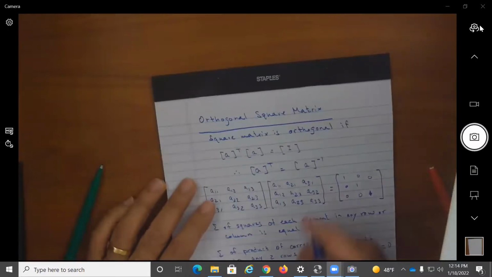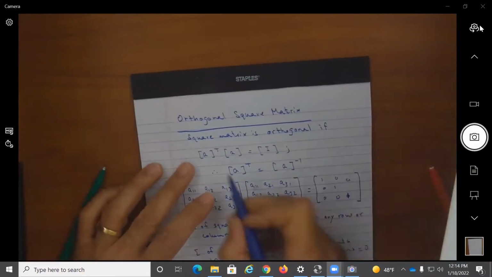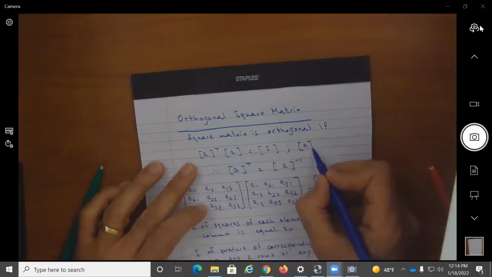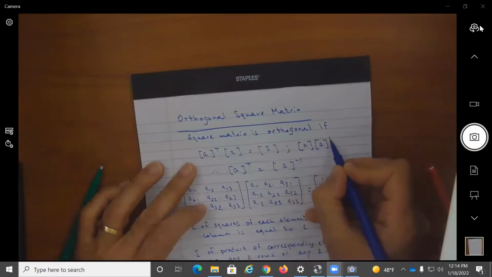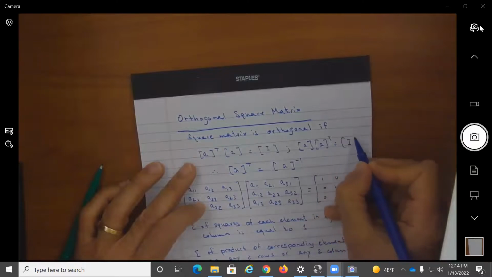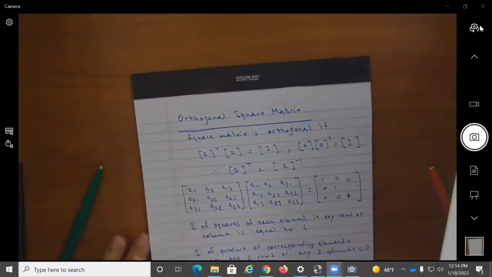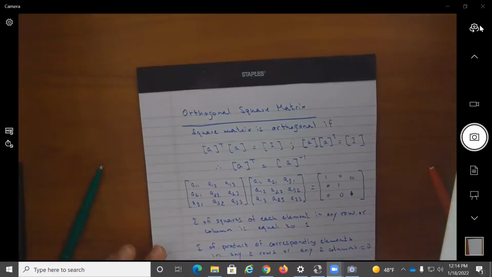And of course, I have to mention here that, as I said, A transpose times A is equal to I. By the same token, A times A transpose is equal to I as well. That's why I can take the liberty and say 2 rows or 2 columns.